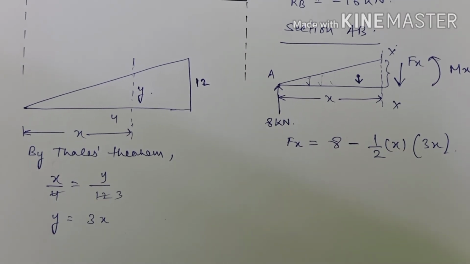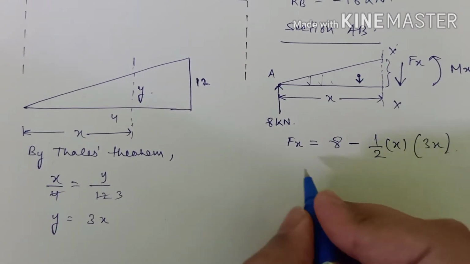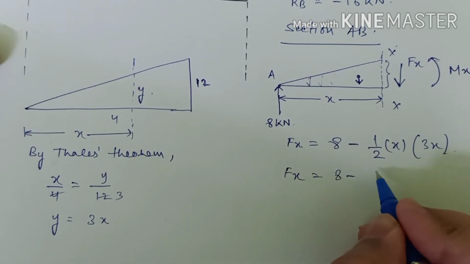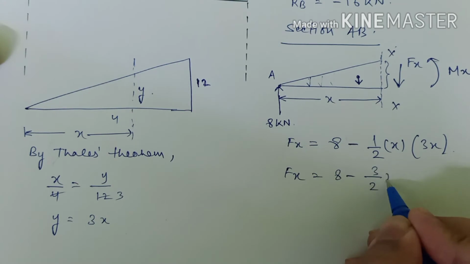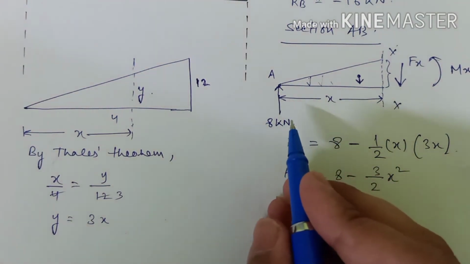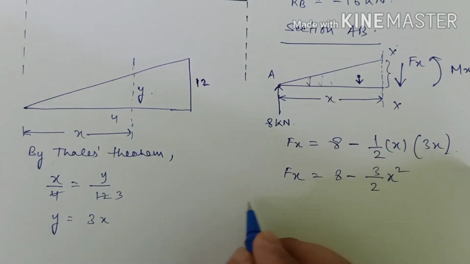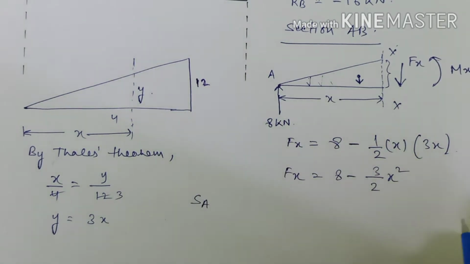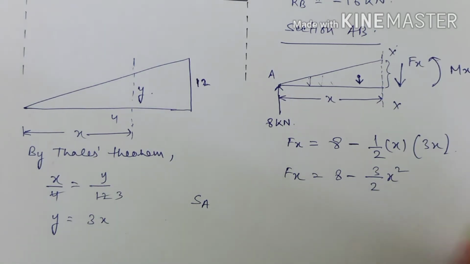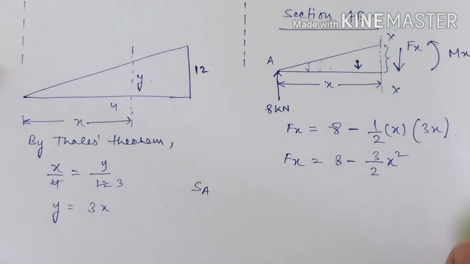Now we can write Fx equals 8 minus 3 upon 2 x square. We first need the value of shear force at A, so let me find SA. The value of shear force depends upon the value of x, that is the distance from the origin, so accordingly we have to put the values.